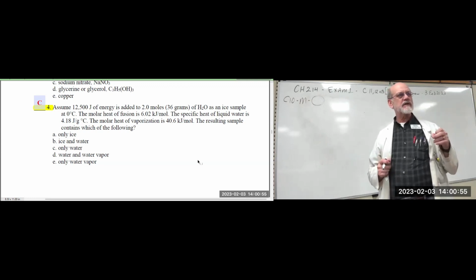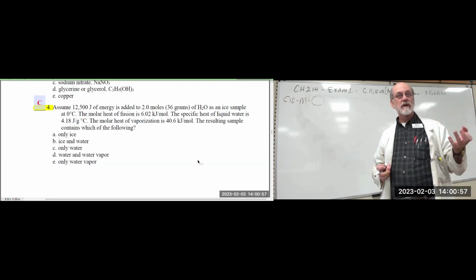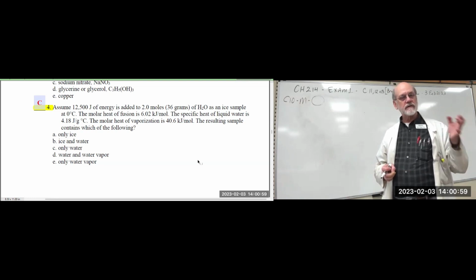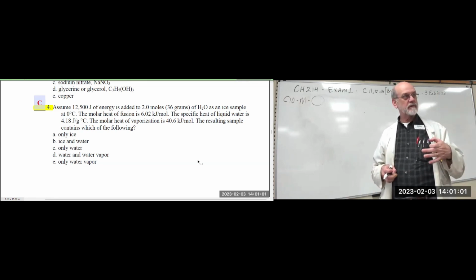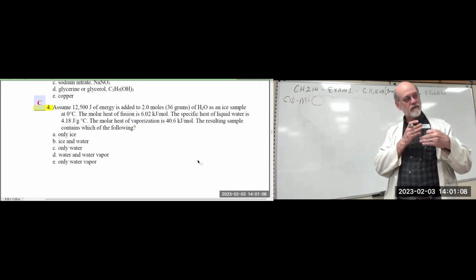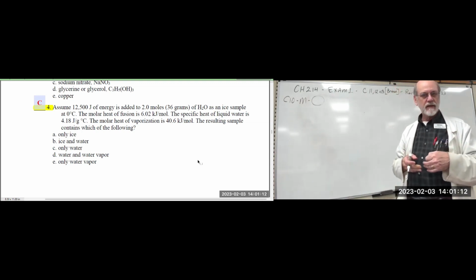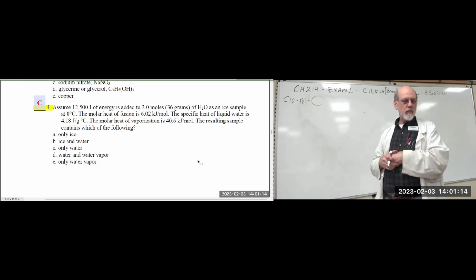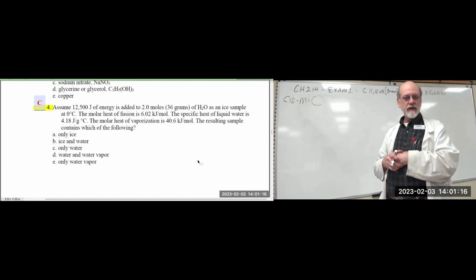Heat of fusion is how much heat it takes to melt the solid ice at its melting point. Right, so at 0 degrees, it would take that much energy to change a mole of water from ice to liquid. Specific heat of liquid water is 4.18, and the molar heat of vaporization is 40.6 kilojoules per mole.